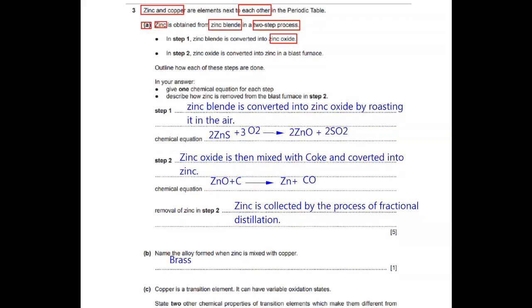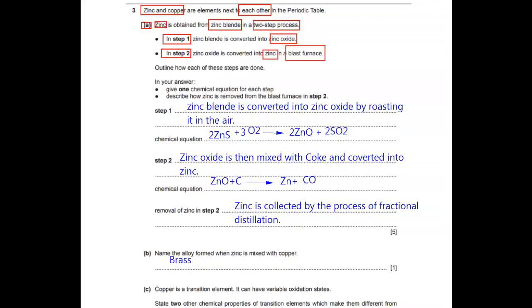In step two, the zinc oxide, which is made in step one, is then converted into zinc in a blast furnace. The reason why they added the words blast furnace is to let you know that it is done under high temperatures. They're just giving you a hint here. Then they say outline how each of these steps is done.